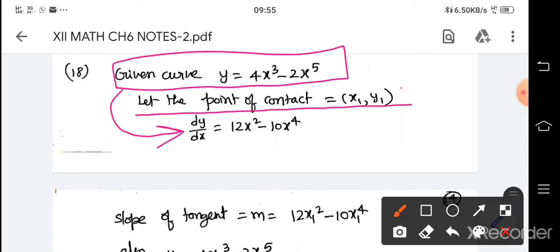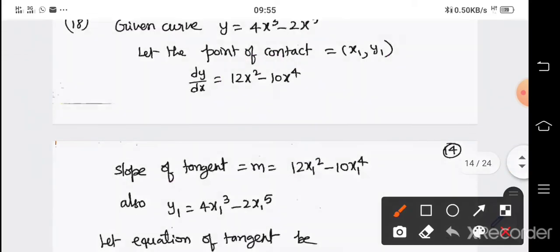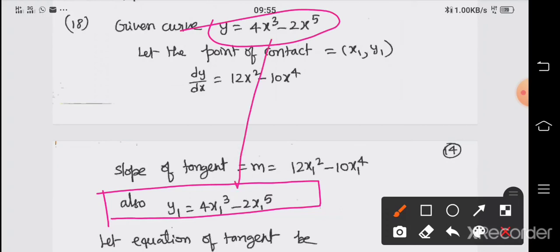Now let us take the point of contact as (x1, y1). So what is the slope of the tangent? m = 12x1² - 10x1⁴, because if I substitute the point, I get the slope. Next, y1 = 4x1³ - 2x1⁵, because the given curve equation is like this. And the slope we got is this one.